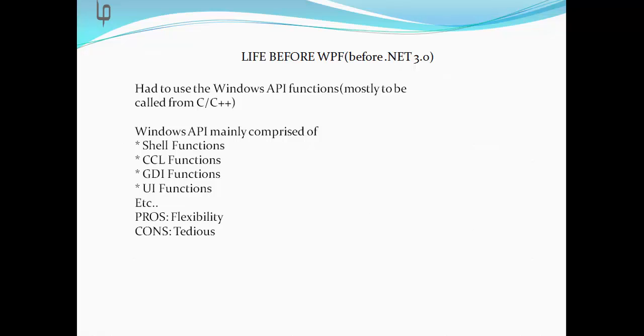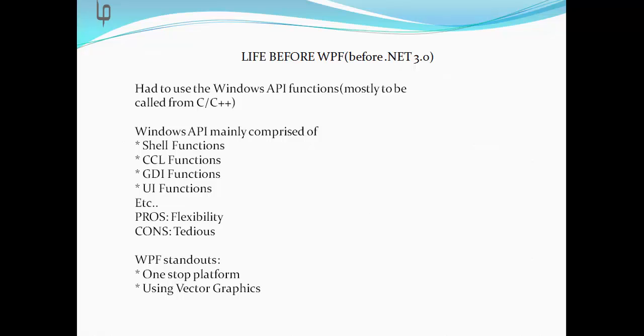This is where in .NET 3.0 WPF was introduced. I'll just point out its main strengths. First, it integrates all of the above Windows APIs and provides them as a single platform. Next, it uses vector graphics rather than the raster graphics used earlier. The benefit of vector graphics is that you can scale your application on any screen resolution without losing any quality.